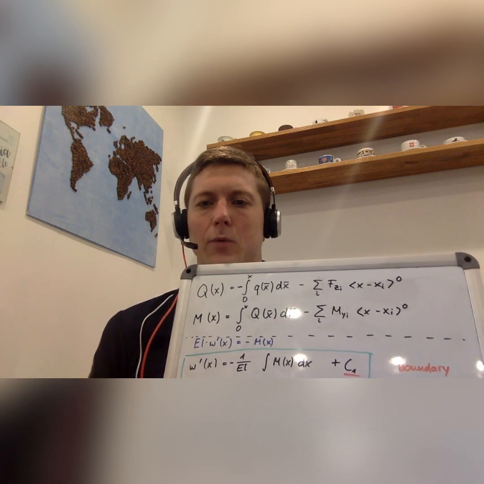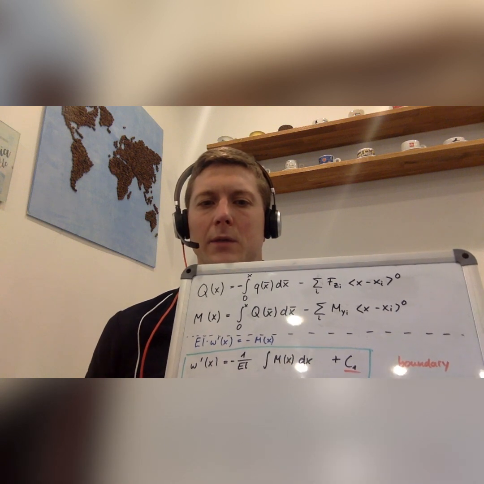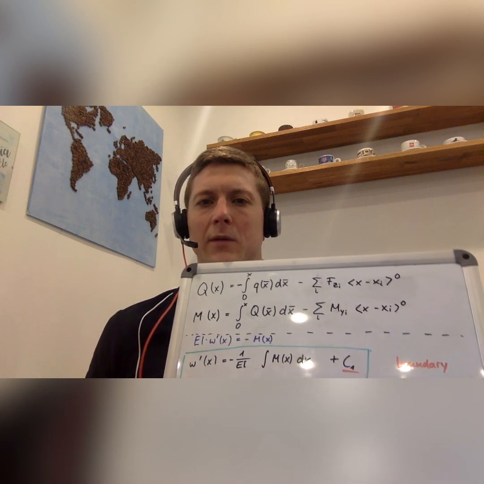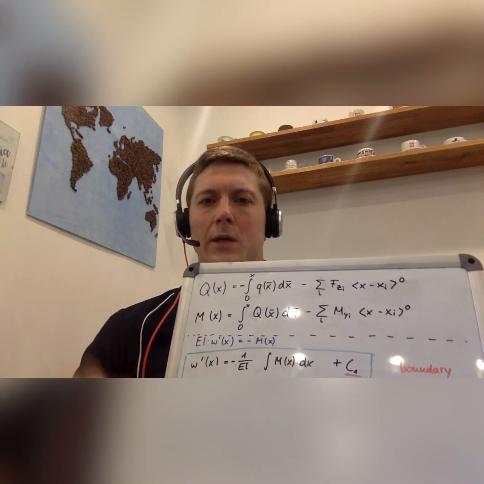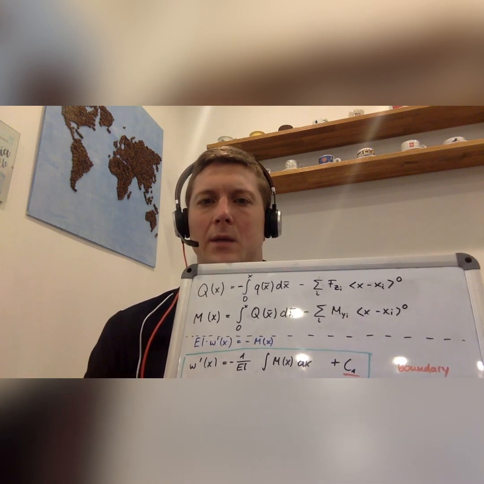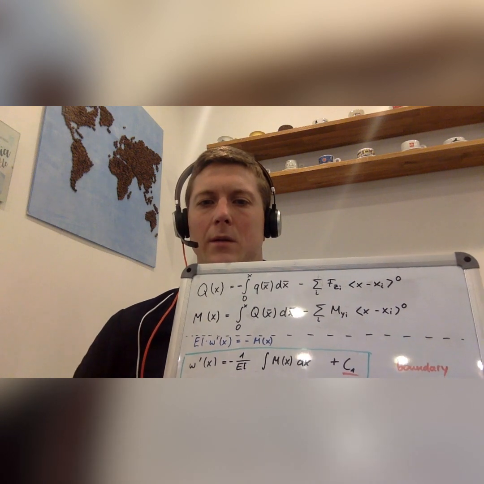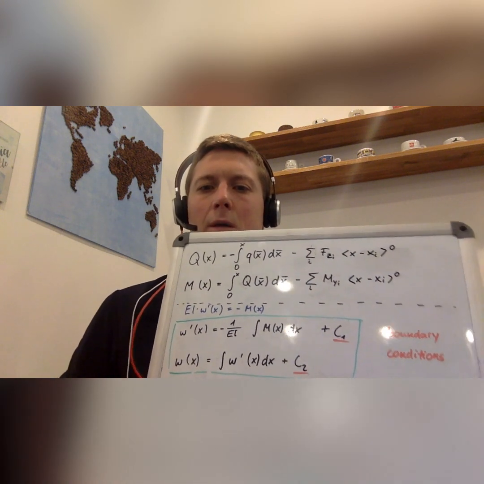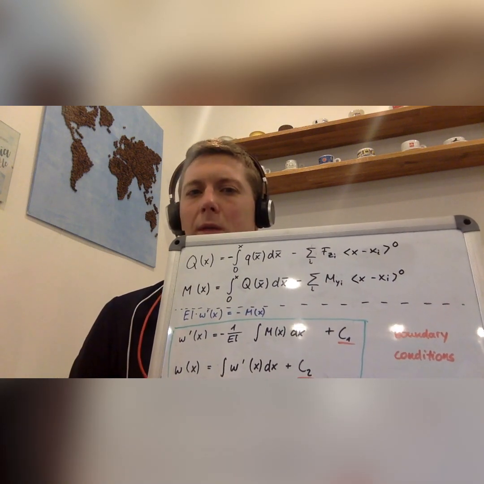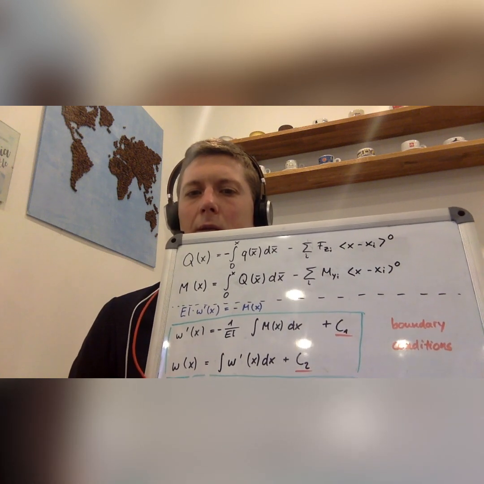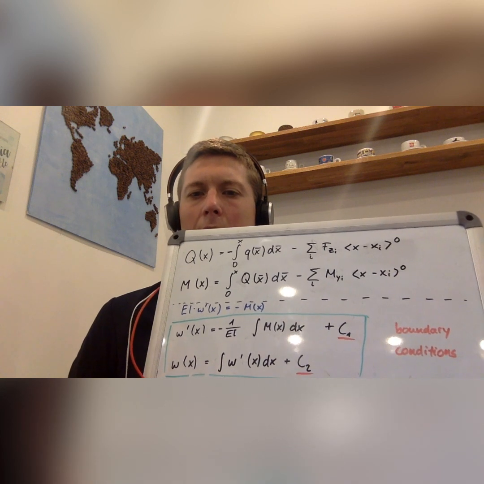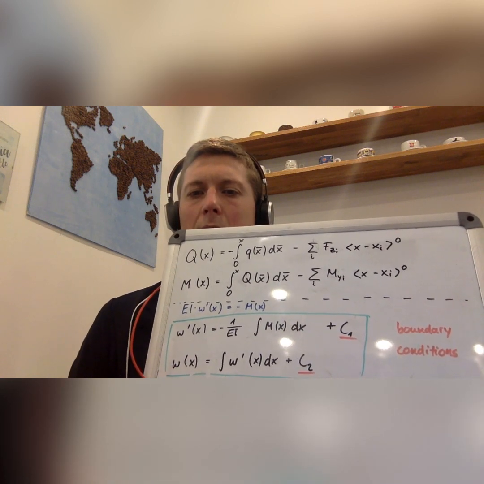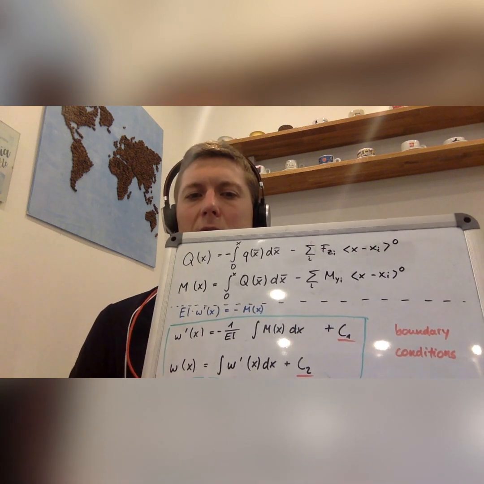And if we are interested in w itself, so the shifting of each element at the position x in the z direction, then of course once again an integration has to be used, and in this case once again I use an indefinite integration scheme, so I need a further integration constant c2, which can then of course be identified out of the boundary conditions as well.